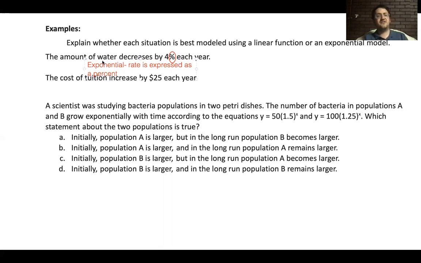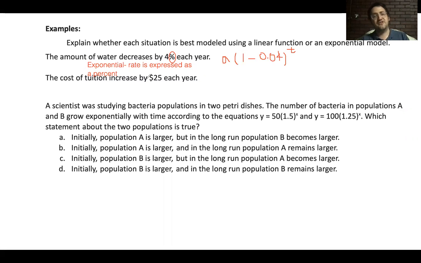And why don't we actually introduce this percent? So if I gave you the amount of water, we could call that A. And if it's decreasing, I could do 1 minus 0.04. And it's each year. So it's going to be to the t.